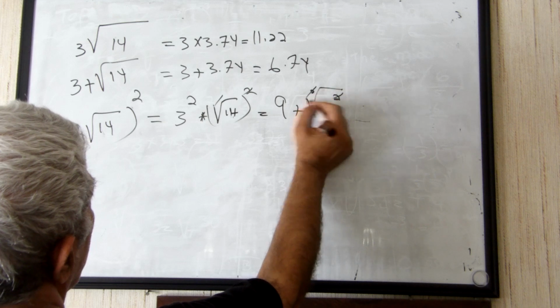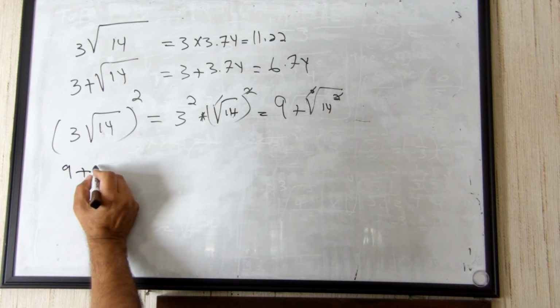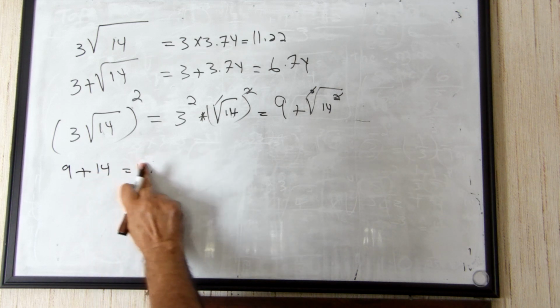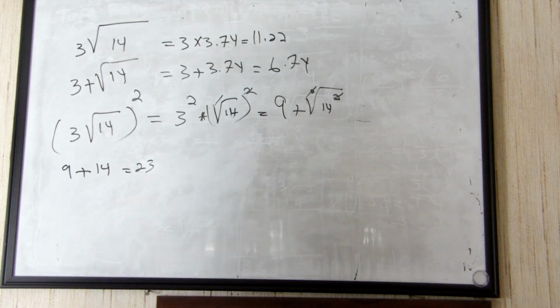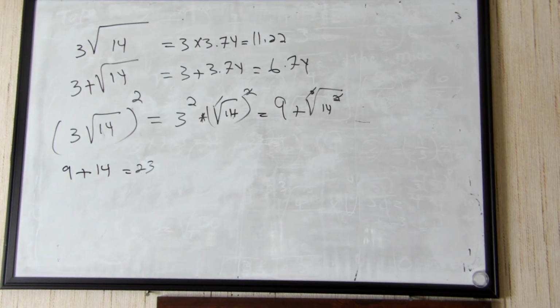This one with this one cancels out, so it's going to be 9 plus 14. It's going to be 19. I'm sorry, 23. So remember, these are the basic things that we have to know about all these.